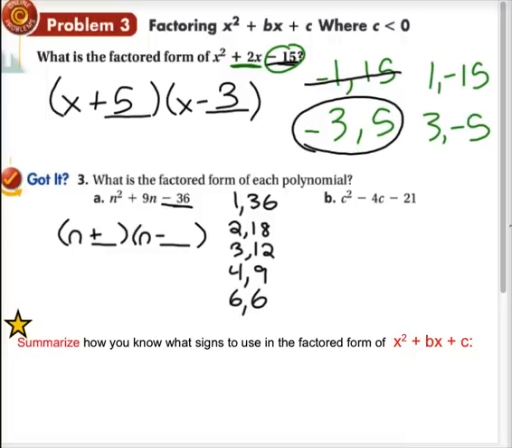So here we have a lot of options for getting 36. Now again, the key here is we know one of those numbers has to be negative, okay? So as we're running through this list, we know one number in each pair must be negative.